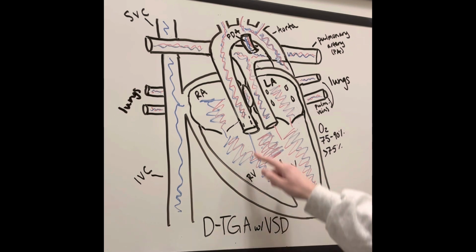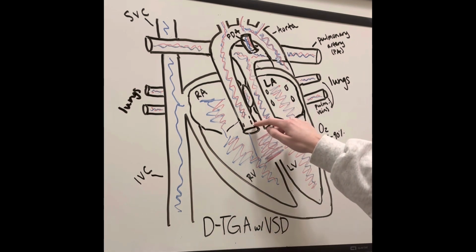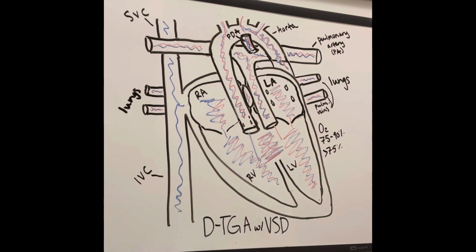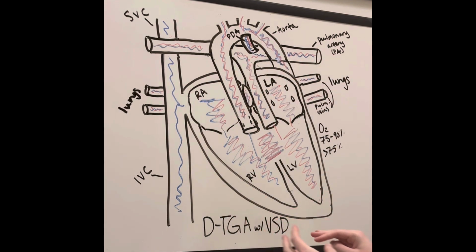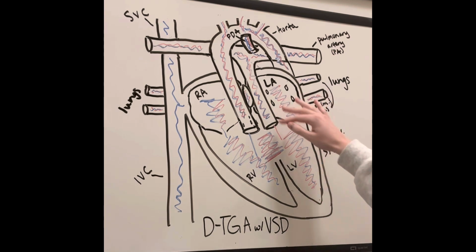I also want to point out the coronaries right here. So in my previous picture of the outside of the heart's anatomy, we know that the coronary arteries go down the heart and supply the heart muscles with blood. In a normal person, they get oxygenated blood straight from the lungs.